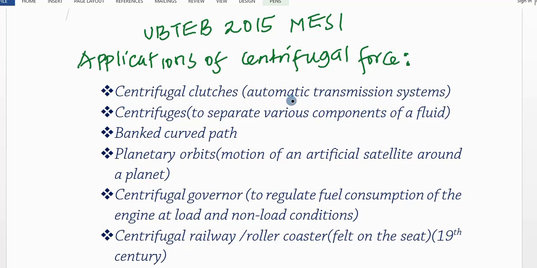Another application of a centrifugal force is centrifuges. These centrifuges are used to separate various components of a fluid. For example, in a turbine oil purifier, to purify the oil so that you remove the gas and other impurities like suspended solids, free water, emulsified water, so that you come out with an oil that is suitable to be used in a turbine.